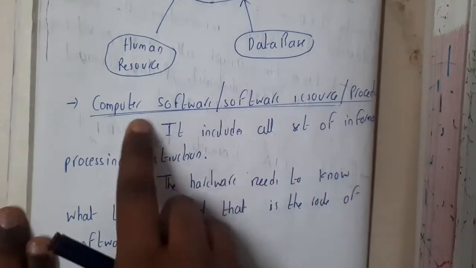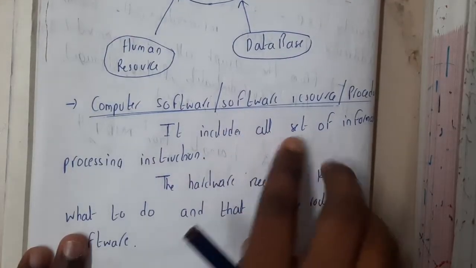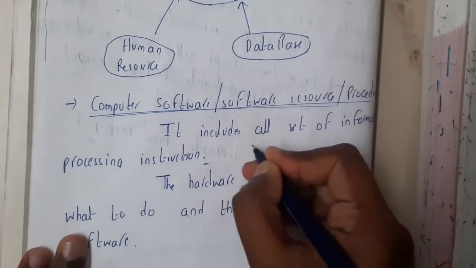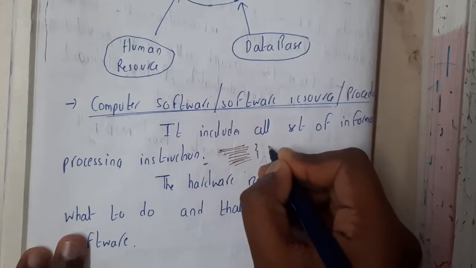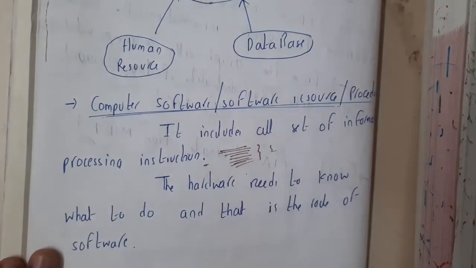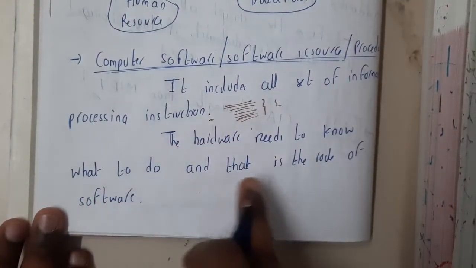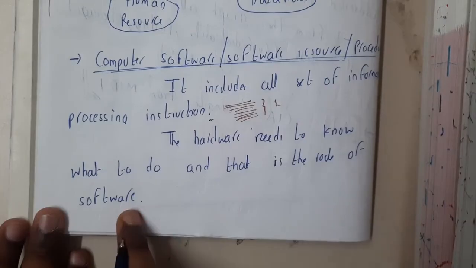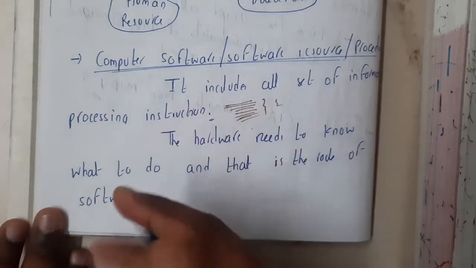Software includes the set of information processing instructions, the process of what to do. The hardware needs to know what to do, and that is the role of the software. What to do is said by the software, because it is the king.